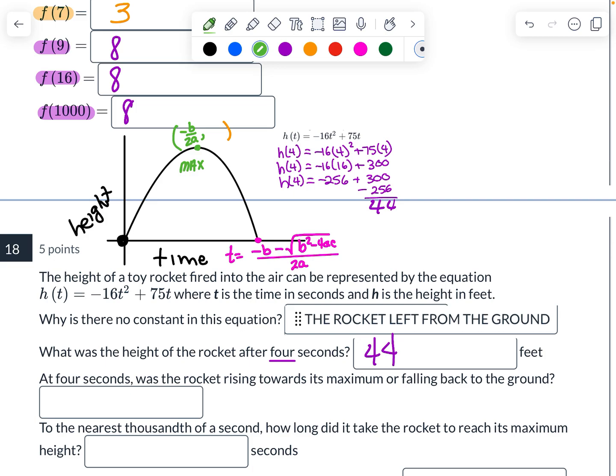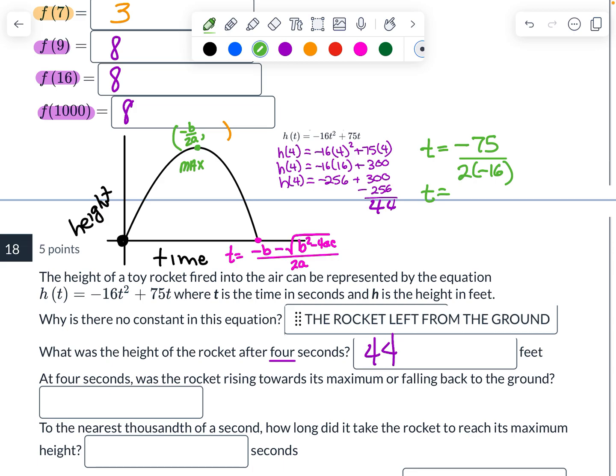So that will be t equals the opposite of 75 over 2 times negative 16. At 4, nope, to the nearest thousandth. How long did it take the rocket to reach its max?